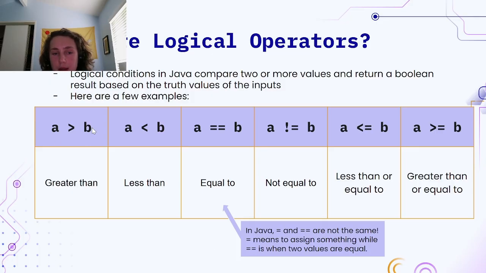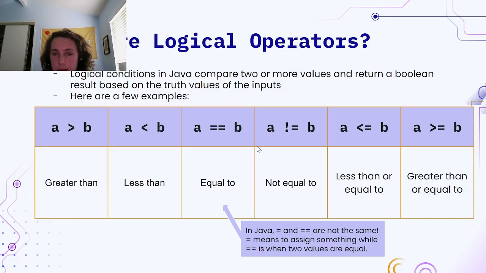These should be known, and these are operations that return a true or false Boolean value. If A is greater than B, then this will return true, and if A is less than B, then this will return false. And then also the equal sign. As it says here, in Java, a single equals and a double equals are not the same.